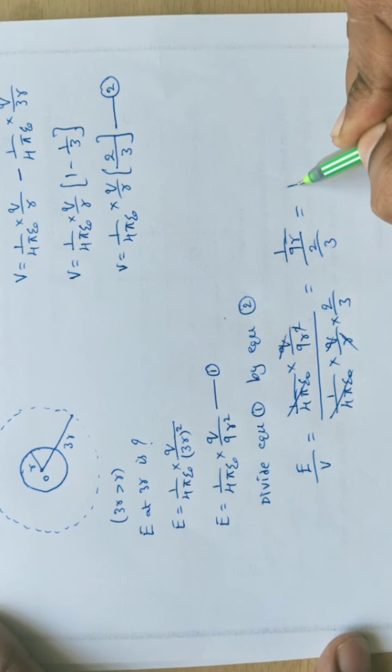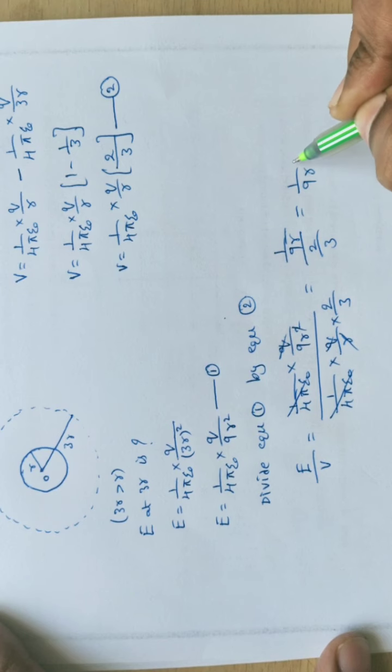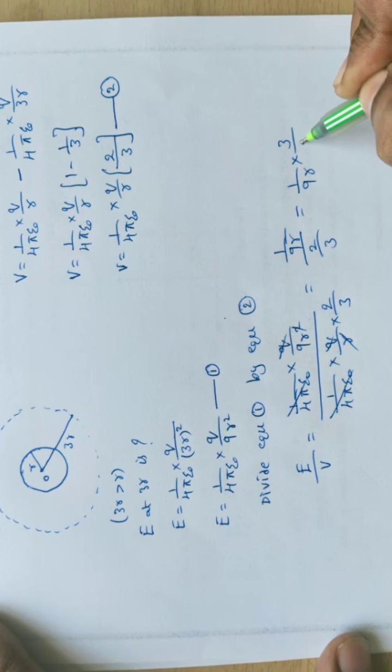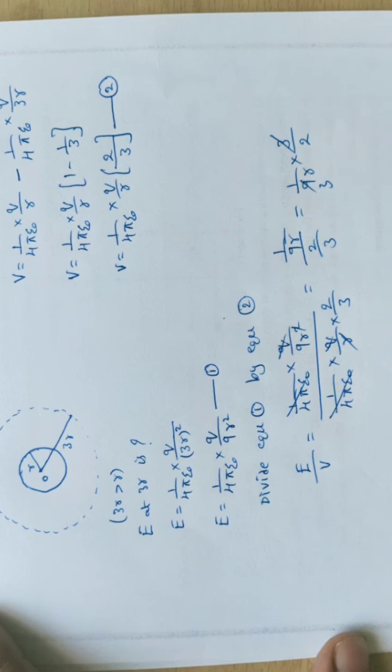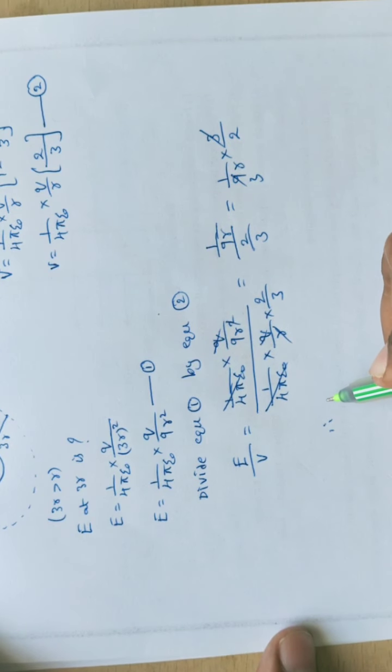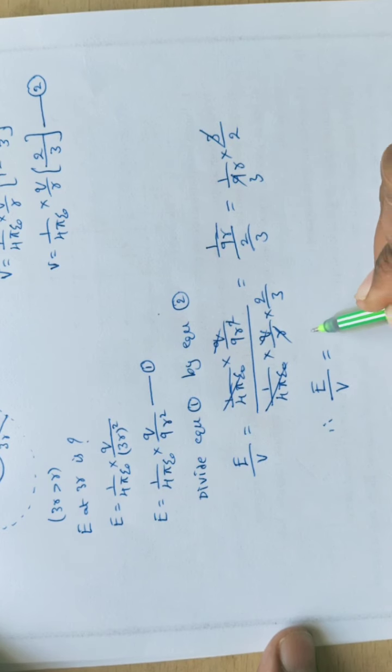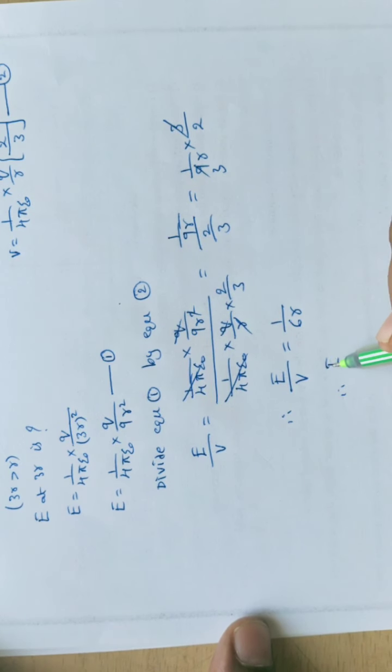So this one is 1 by 9r into 3 by 2, and the 3 cancels. So in the next step, E by V is equal to 1 divided by 6r. Therefore E is equal to V divided by 6r.